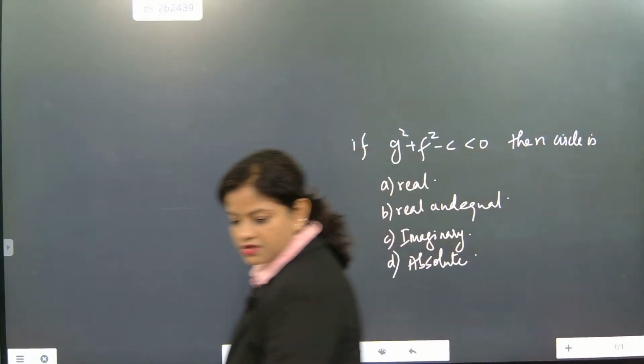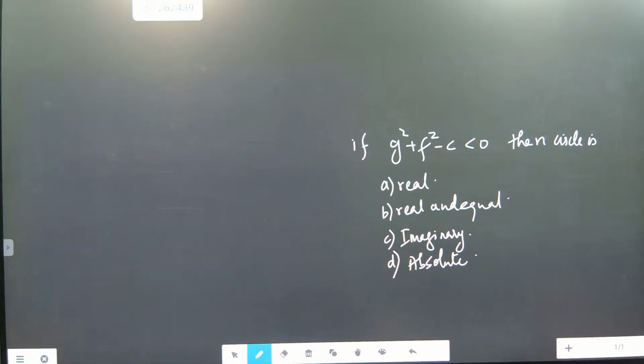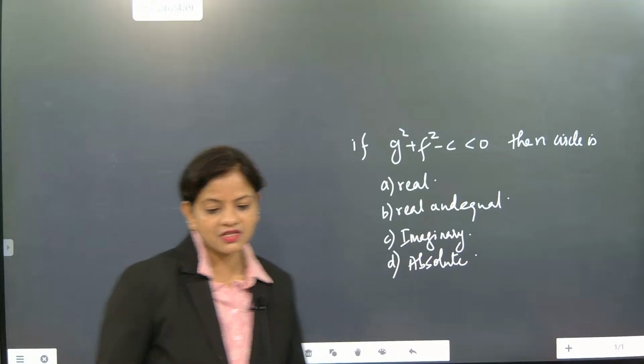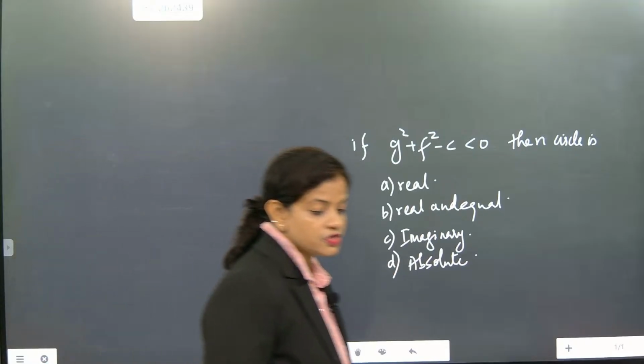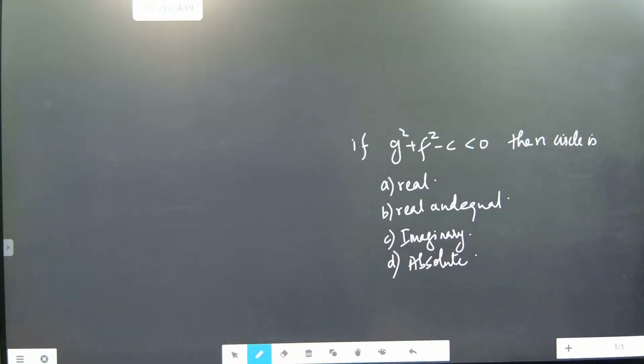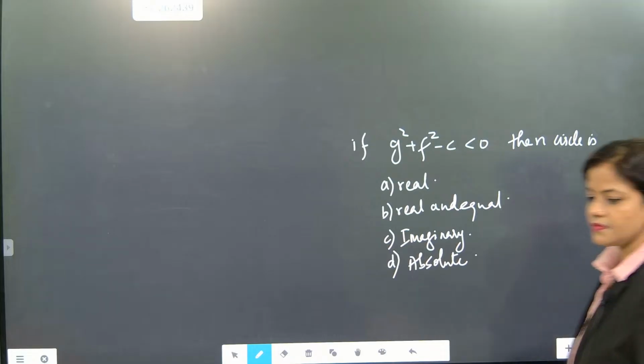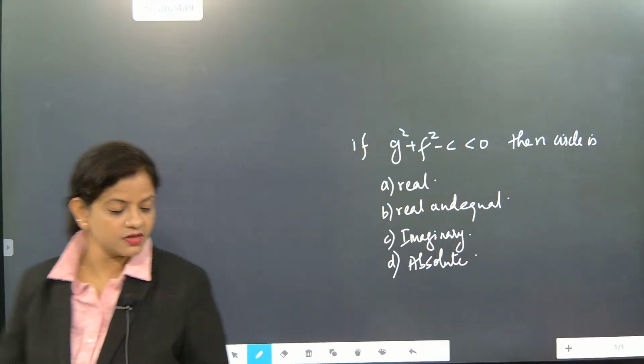What is the correct answer for this question? g square plus f square minus c is strictly less than 0. Raju, try to solve this question. What is the answer for this?